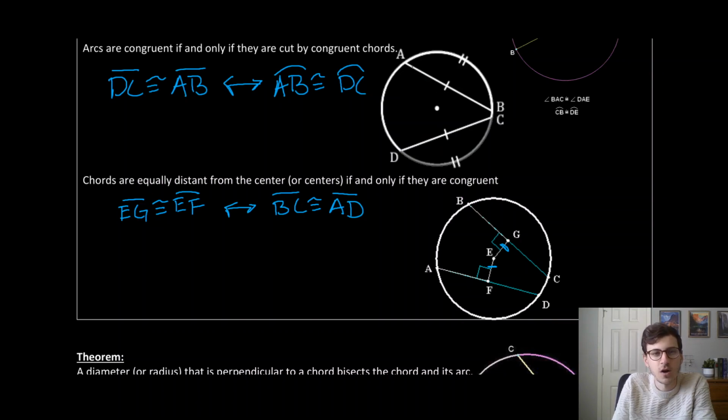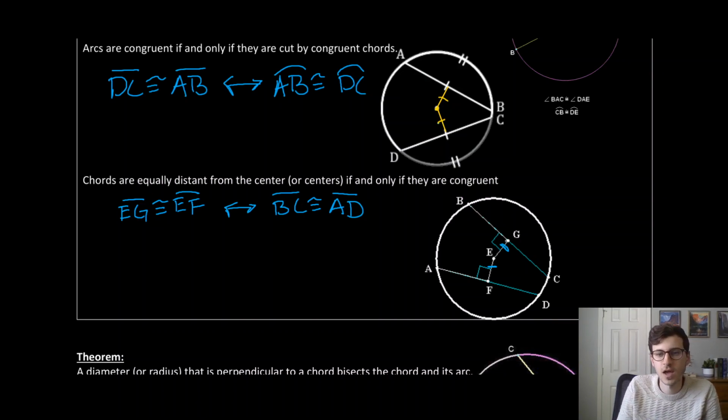So even up here, we have these two congruent chords. We know that these chords are equidistant from the center, right? So, because they're equal to each other.